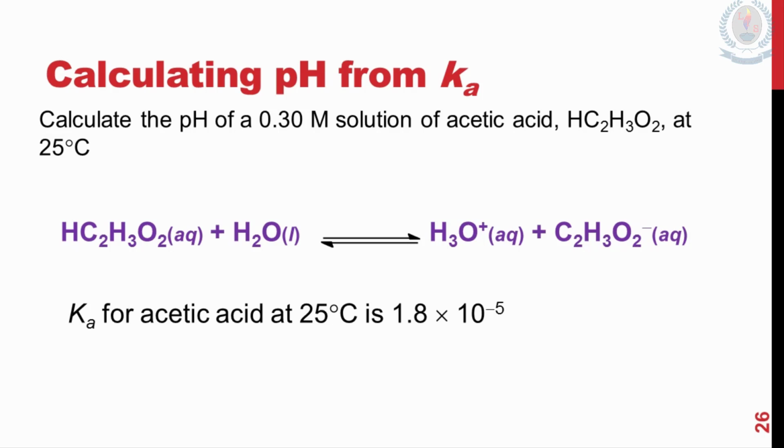Now there is another calculation, about calculating pH from Ka. That is the opposite side of the calculation. That one is also a very easy one. You can go through these slides and understand what I have said there.